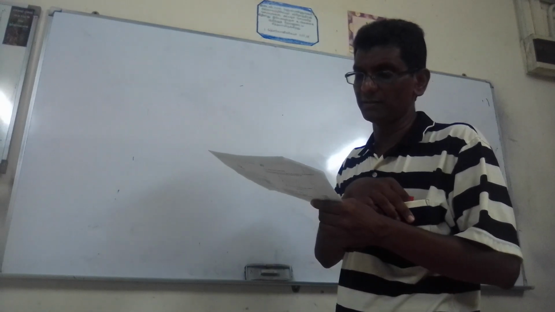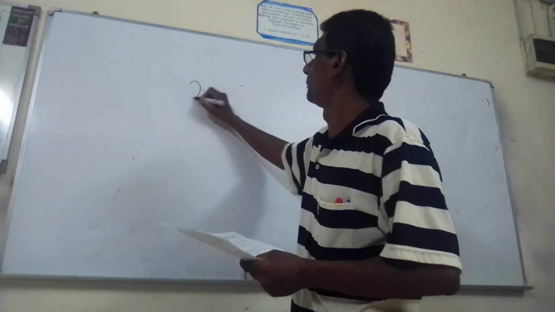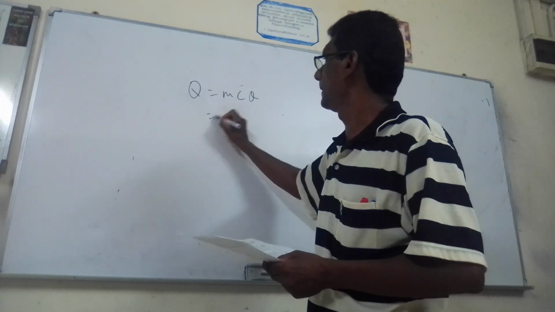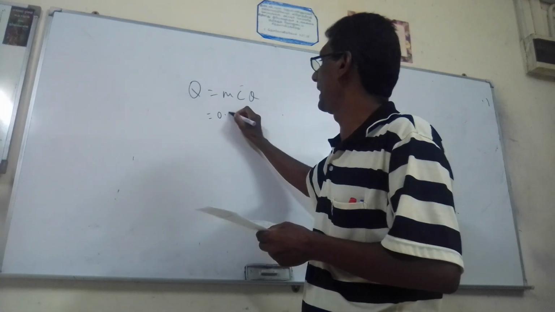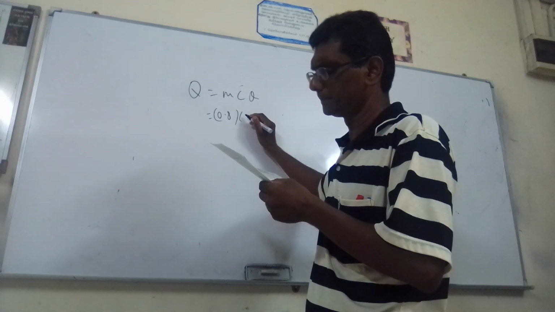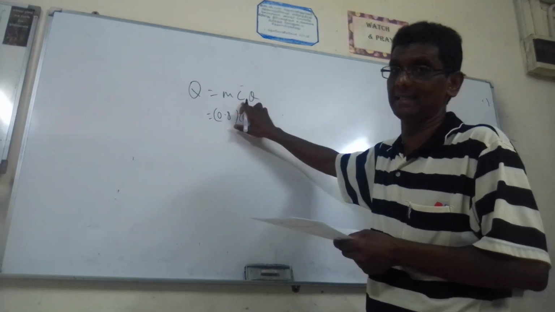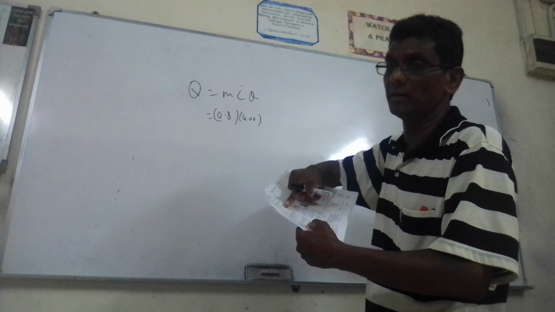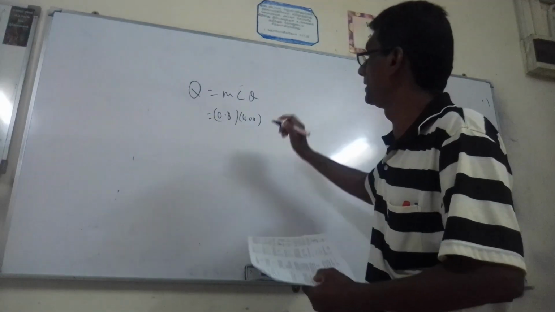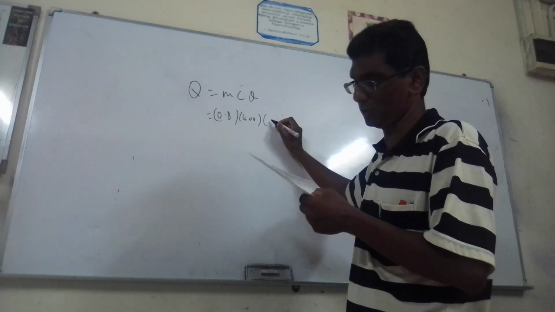This is the formula: Q equals m c theta. m equals 0.8 kg. c means specific heat capacity, which is given in the question: copper, 400 joule per kilogram per degree Celsius. The rise in temperature is 35 to 60.